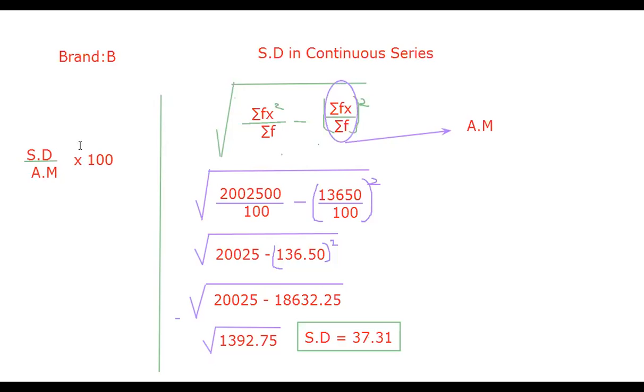How do we know, right? So what is our standard deviation for brand A? That is 68.81, right? 68.81 divided by what is our arithmetic mean? Do you remember the arithmetic mean value? 134.5, right? Into 100.